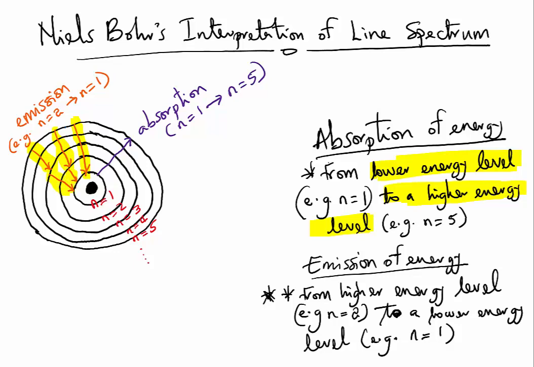Each element will have its own pathway of going back to its original state. And because of that, we can use the absorption spectrum or the emission spectrum of an atom to identify the type of element that gave us that spectrum.